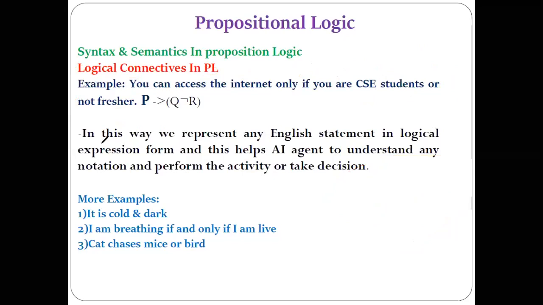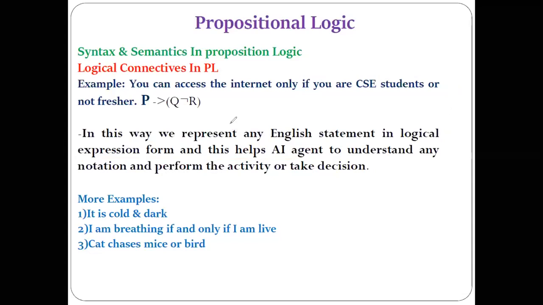And in this way, to represent any real world fact, for example, a fact present in an English statement, in order to represent these various kinds of logical facts present in the real world in logical expression form, the AI agent needs to take the help of propositional logic.